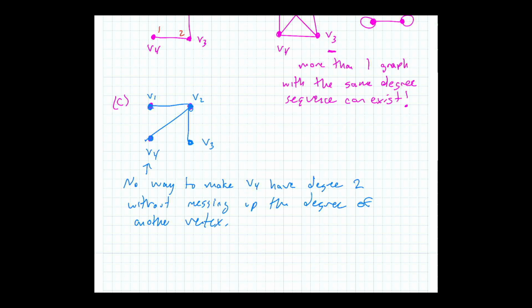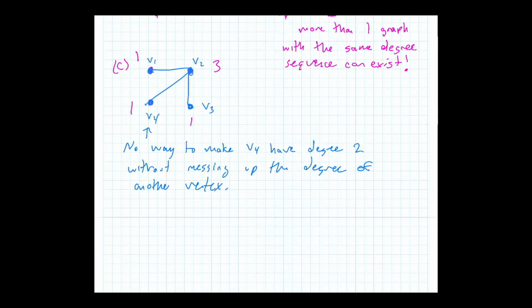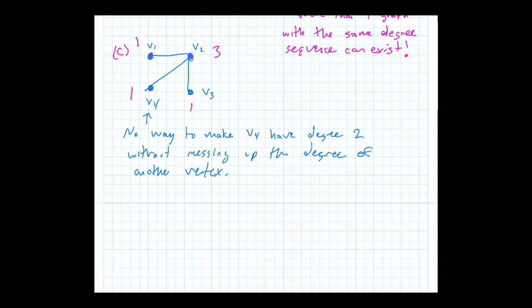So this one is actually impossible to do. So I ended up with 1, 3, 1, 1. 1, 3, 1, 1 is fine. 1, 3, 1, 2 is not fine. So 1, 3, 1, 2 was not a possible sequence of degrees.